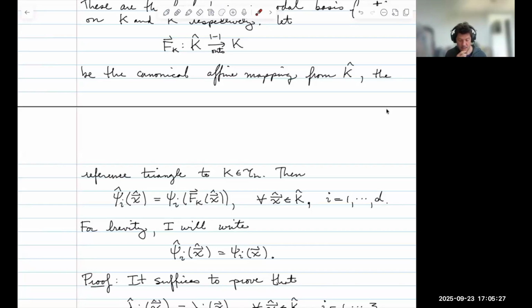I guess the easiest way to look at it is, well, we know what these guys look like on the triangle K. How could I find the corresponding basis element on the reference triangle? Well, I simply compose that guy with this affine mapping, which of course takes points from the reference triangle into points on the triangle K. Again, if I do this composition, then I precisely get back to the basis function psi_i hat, the one that corresponds to this guy, but in the reference triangle.